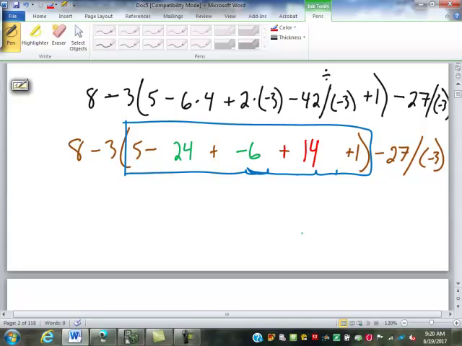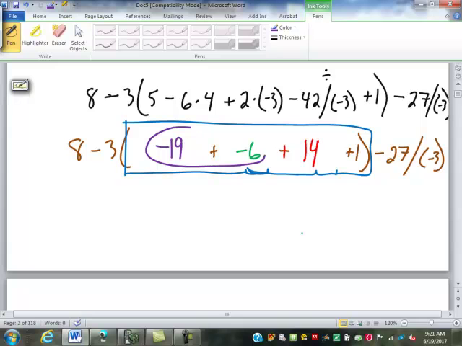So, looking through here, there's no more multiplication or division, so our next level is add and subtract. We're just going to go across this left to right. 5 minus 24 is negative 19.